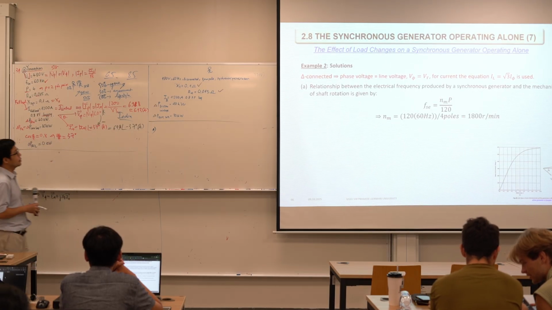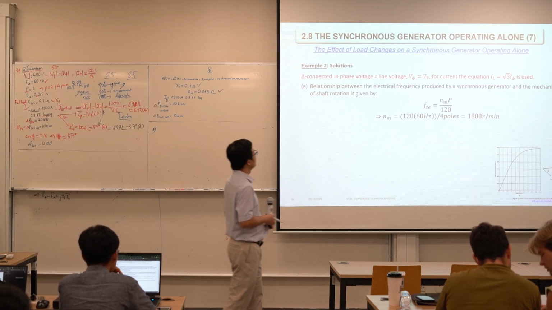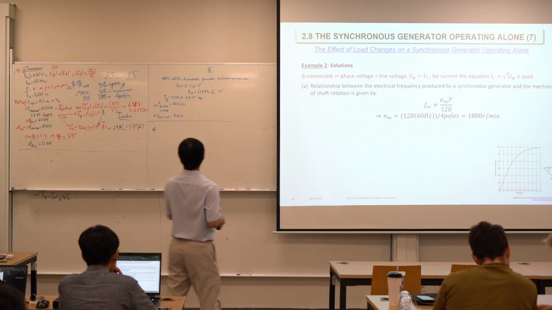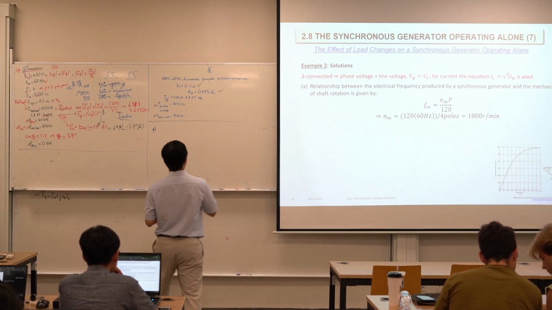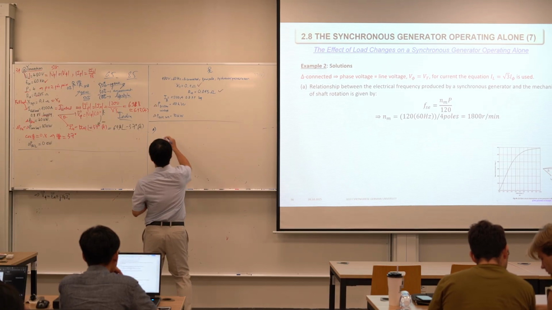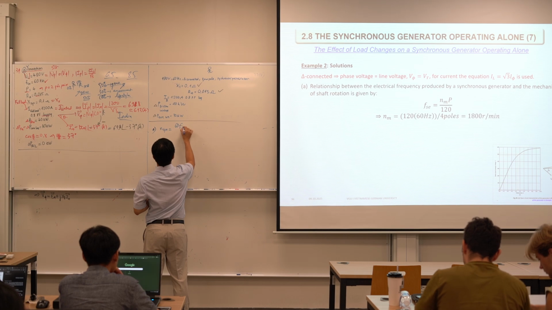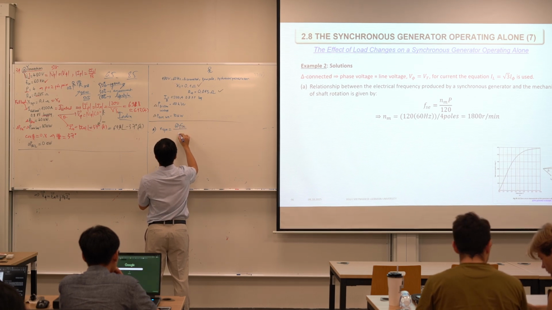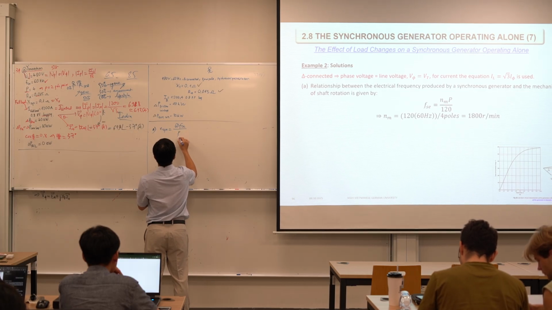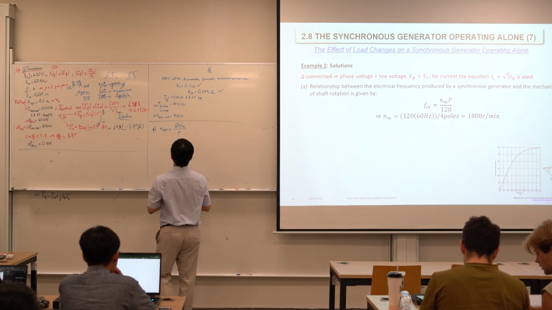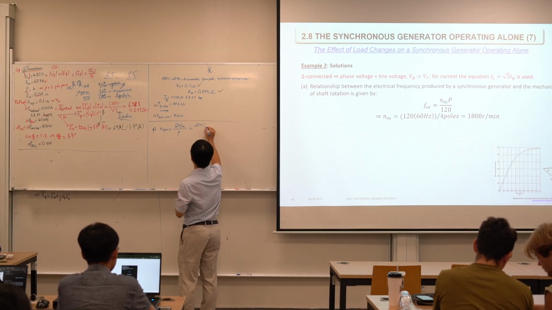Come back. Now, question A. Here I highlight the key question for you. So we calculate what? We calculate synchronous speed, Ns equals 60 Fe over P. So you guess how many hertz? 60 hertz.